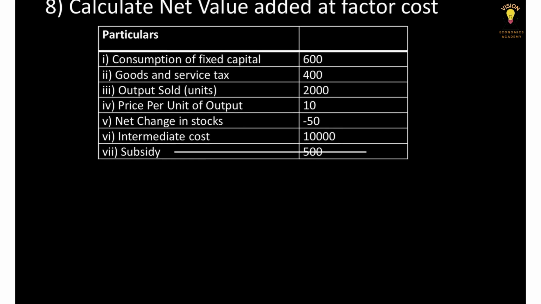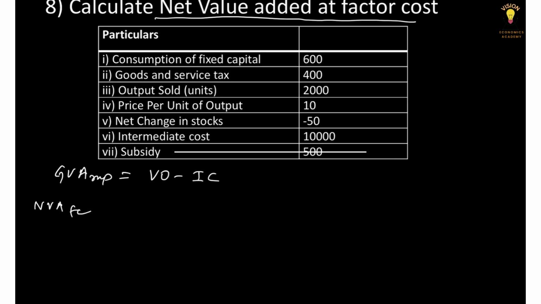So the question is asking us to find net value added at factor cost. Now, to find GVA MP first, we need value of output minus intermediate consumption. In this question, we can see that value of output is not given directly. So what do we do?